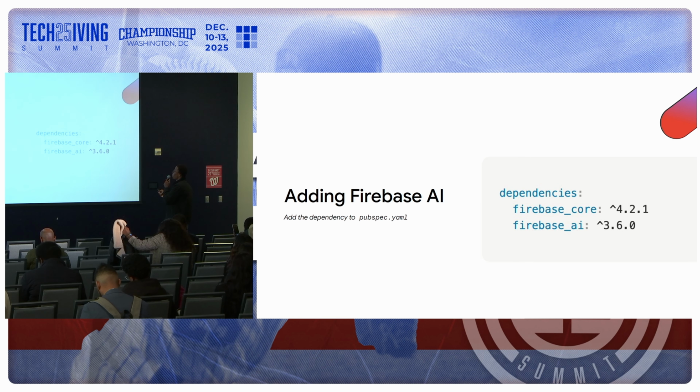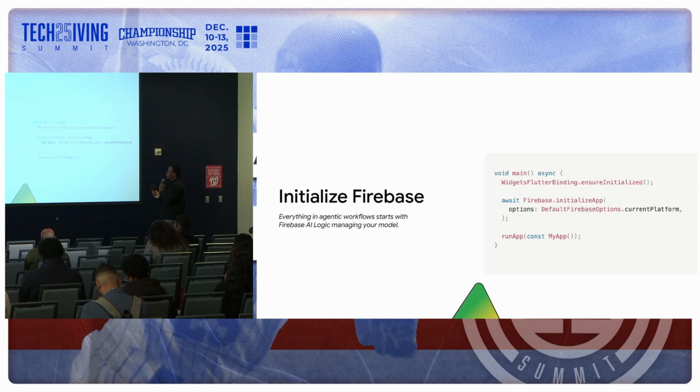Now, for us in Flutter, the way we add Firebase to our project is first adding Firebase core. And since we want to use the AI component of Firebase here, we are also going to add the Firebase AI dependency. And then we're obviously going to initialize Firebase. So the initialization goes like this. Pretty simple, you don't have to complicate it.